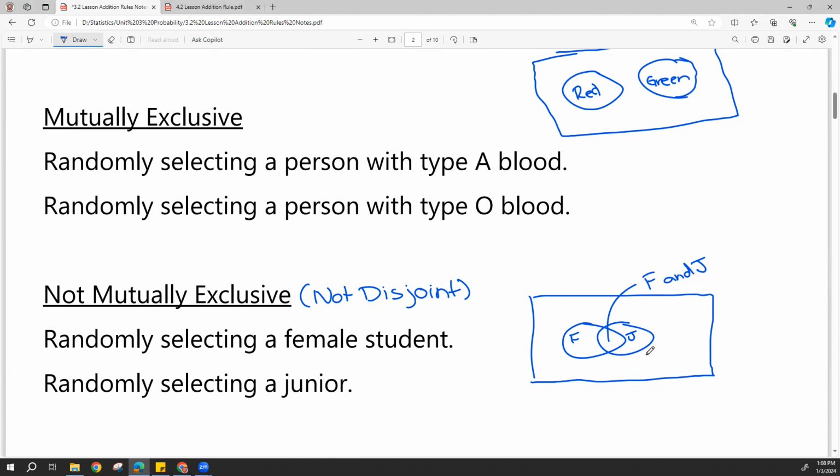And so it's possible that I select one student that fits both criteria. So that means being a female and being a junior are not mutually exclusive. They are not disjoint. And so we have an addition rule for finding probability for two or more mutually exclusive events, and then two or more not mutually exclusive events.